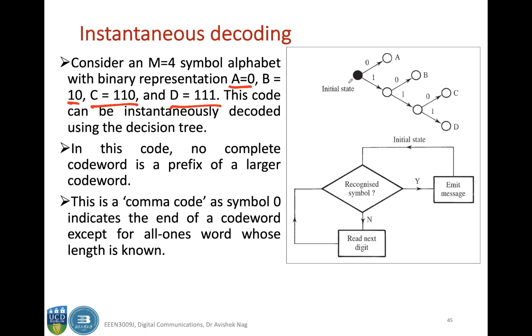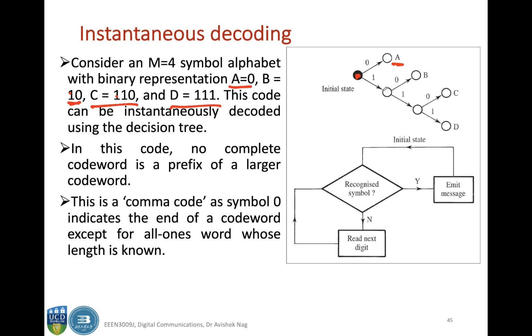So if you are at an initial state here, and if you have a 0, that can be decoded as A. If you have a 1, that 1 can be due to B, C, or D, because all of them have a 1 at the beginning.